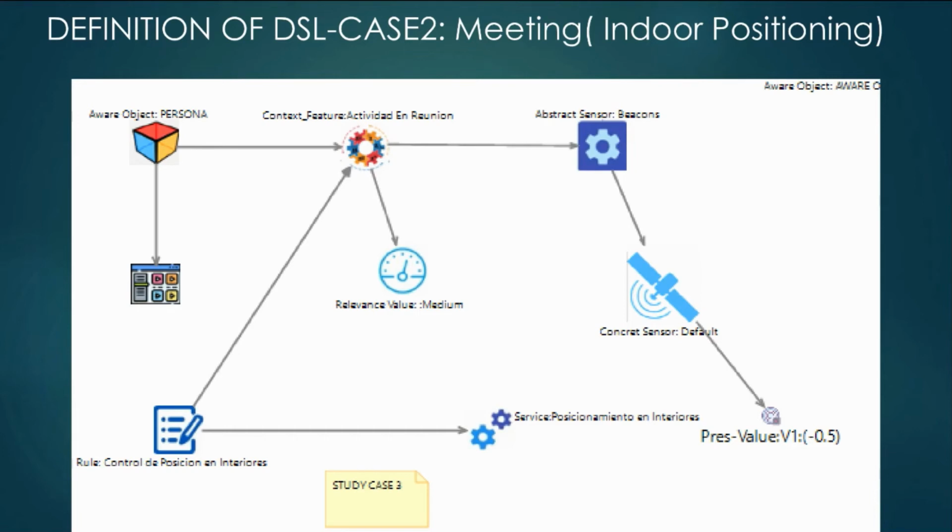And we can define the implementation. We can apply a rule, for example, analyzing the control of the position inside. We can manage, we can configure a service for indoor position.